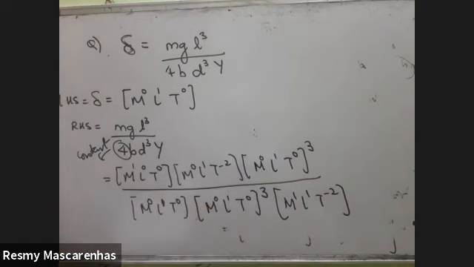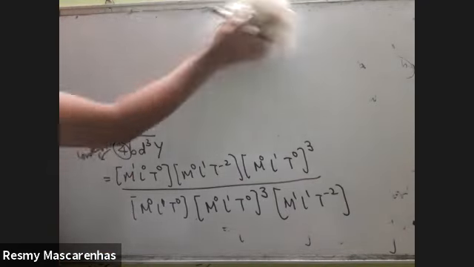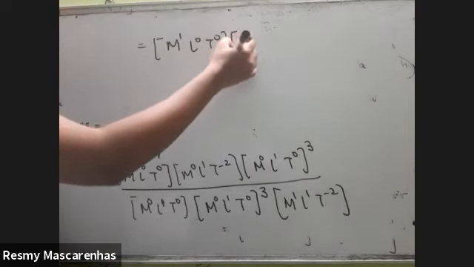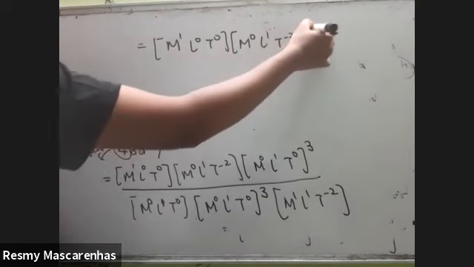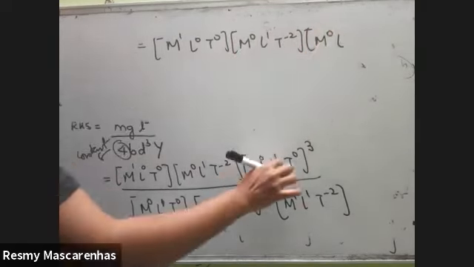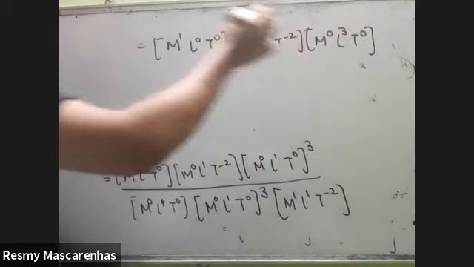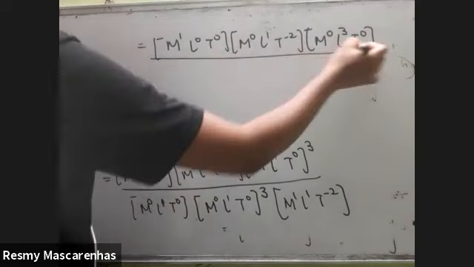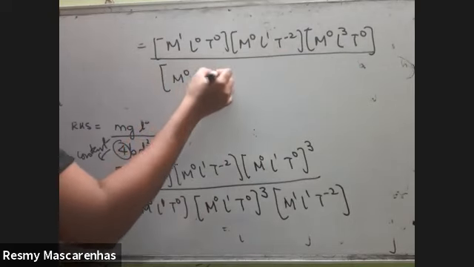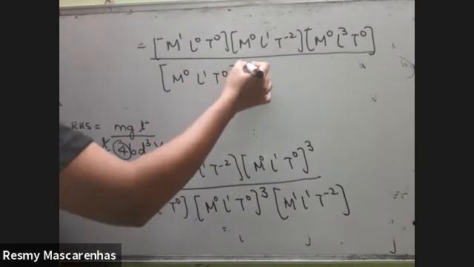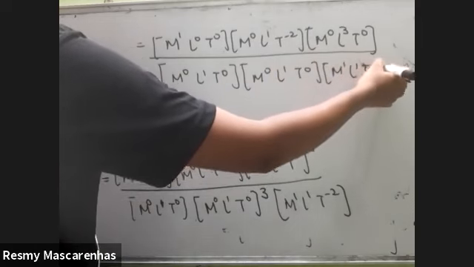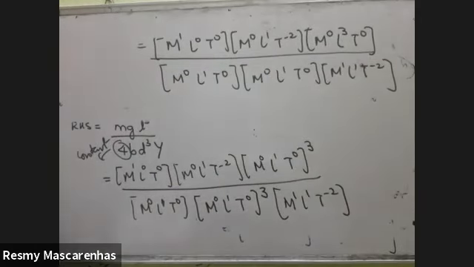So just take it inside and then you can calculate. One into 3 will give me 3. Cube, no?